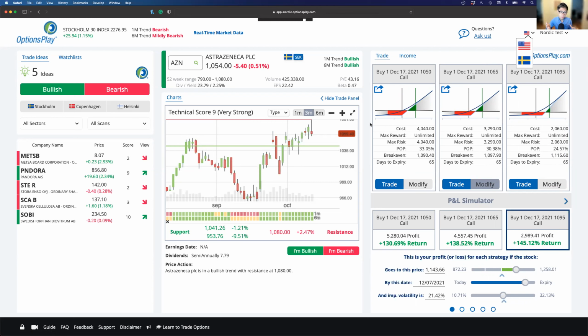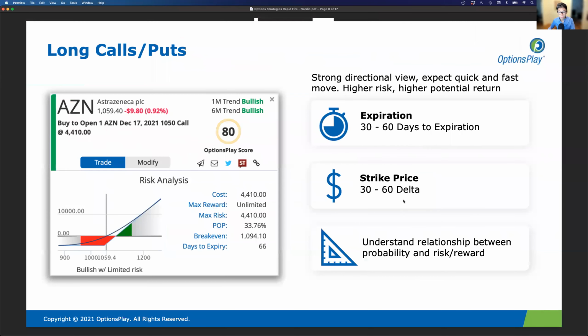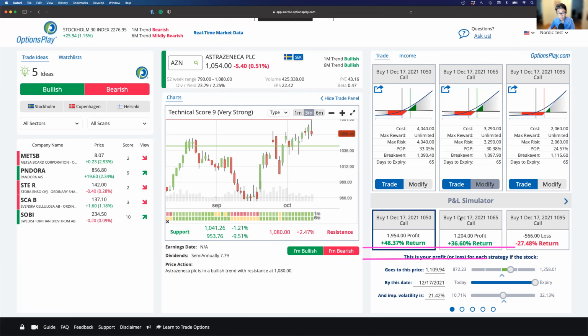If you think the stock's going to make a big move in a short amount of time, which strategy is best suited for you? If you think it's going to take a little bit more time, which strategy is best suited for you? You can use the different strategies side by side and compare them and see which one's best suited for you. But the rule of thumb here is making sure that you understand the relationship between probability and risk to reward, because these out of the money call options have very low probability versus the in the money options.